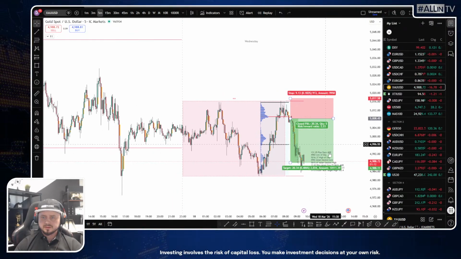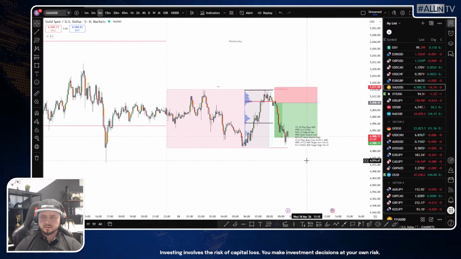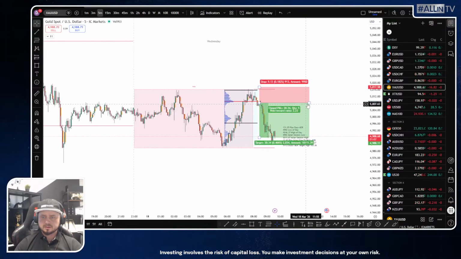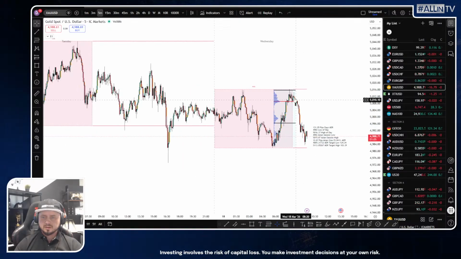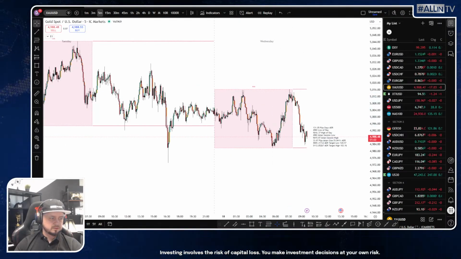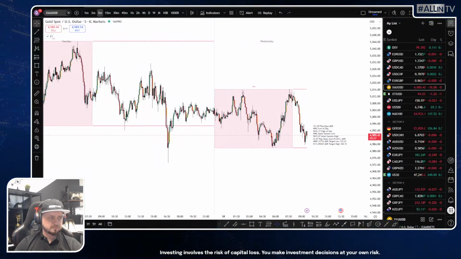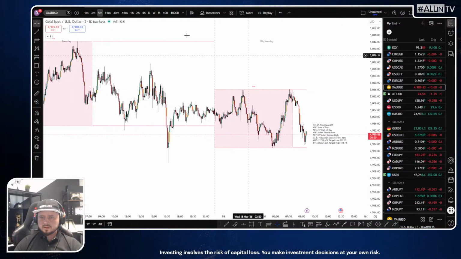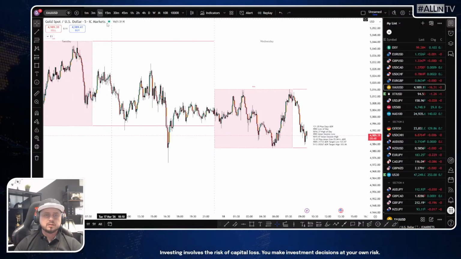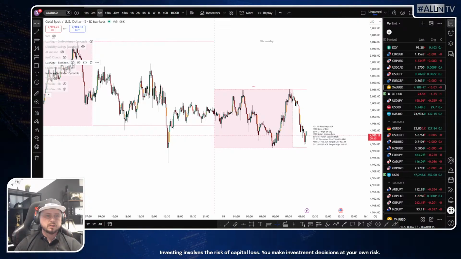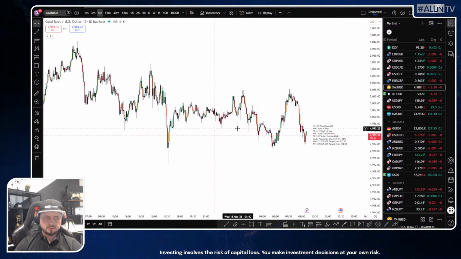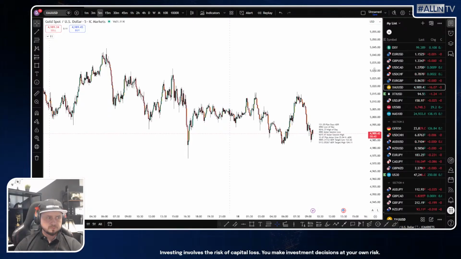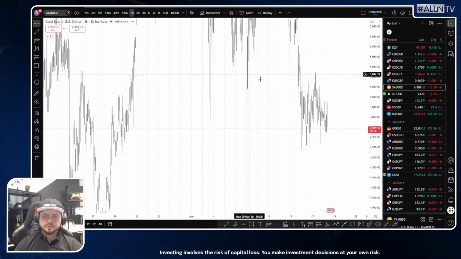This is a nice trade from the morning. Gold. Okay, I'm going to remove that for now. Sessions. We have gold. What's going on with gold?